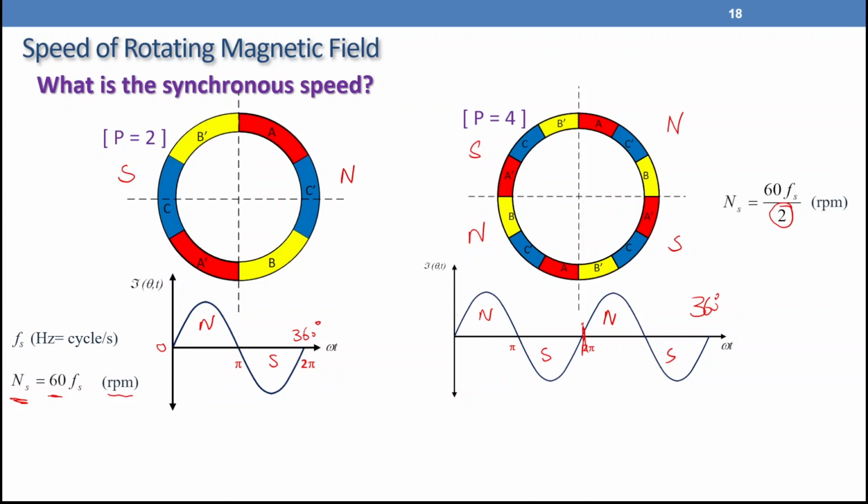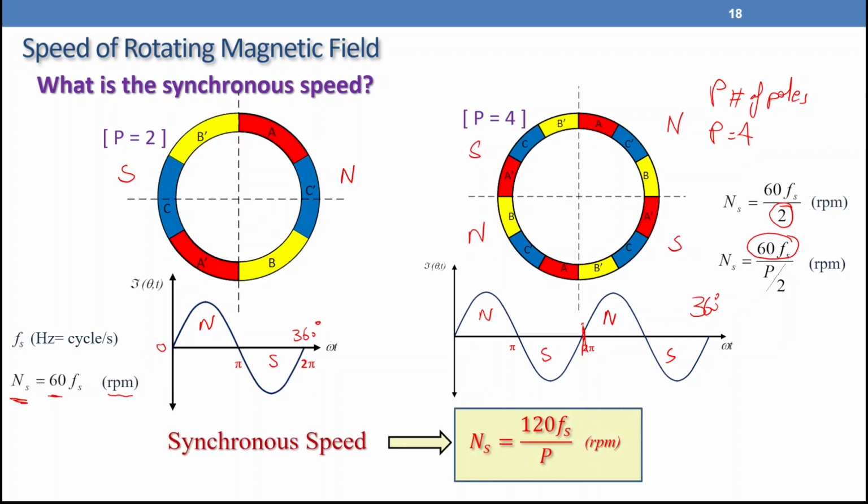What does 2 represent? That is a pair of poles, right? So we can rewrite this equation as 60 Fs over P over 2, where P is the number of poles. Here in this problem, P equals 4, so 4 over 2 gives you 2. So the equation now is NS equals 60 Fs over P over 2. Let us rearrange this equation.